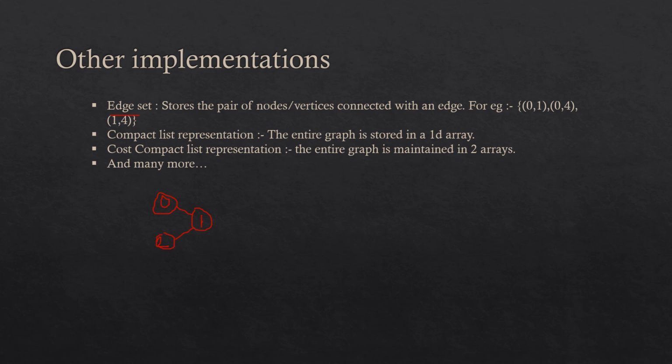For example, 0 and 1. 0 is connected to 4 too, so we'll create one like this. 0 is connected to 1 and 0 is connected to 4, and 1 is connected to 4. Okay, so this is how edge set works.